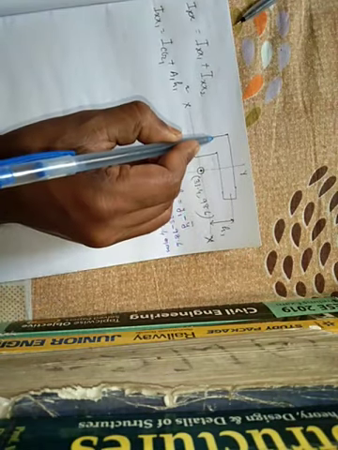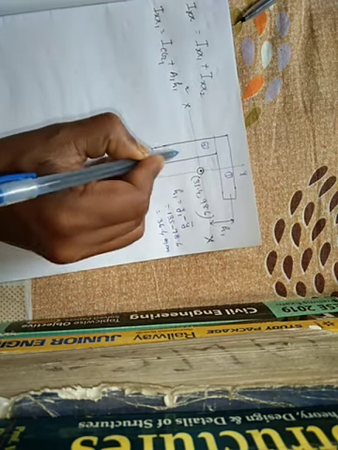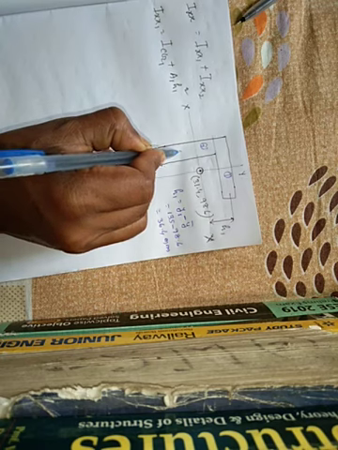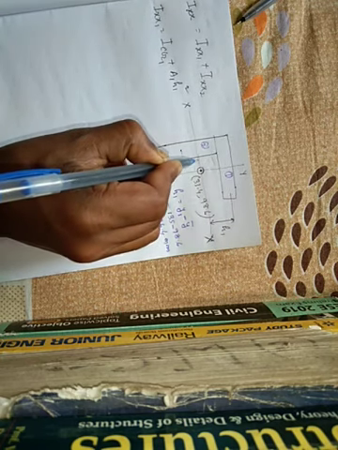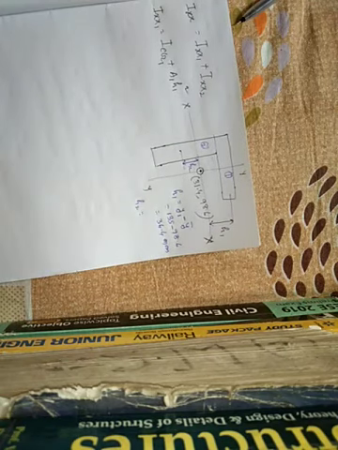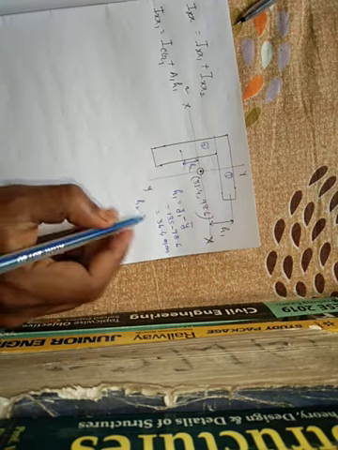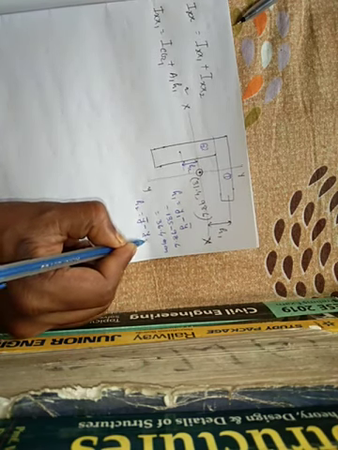This is section 1 and this is section 2. H2 is from the center of section 2, this is the H2. H2 is equal to y bar minus y2.